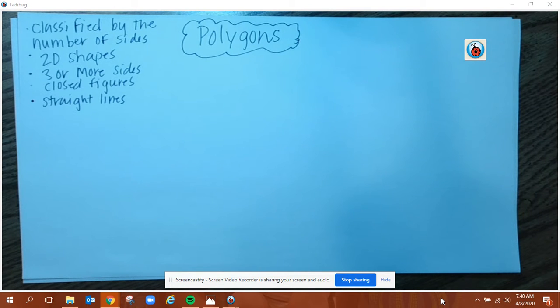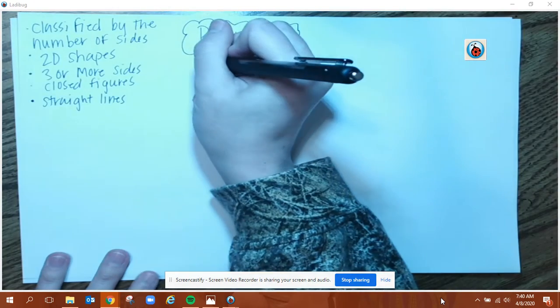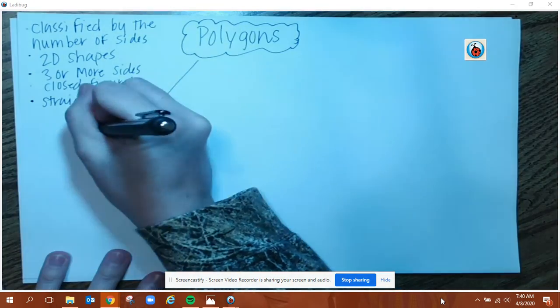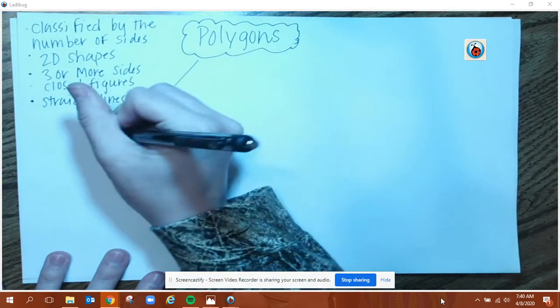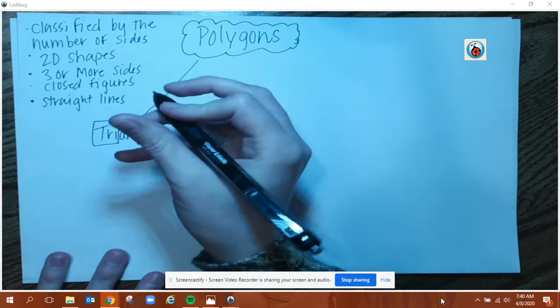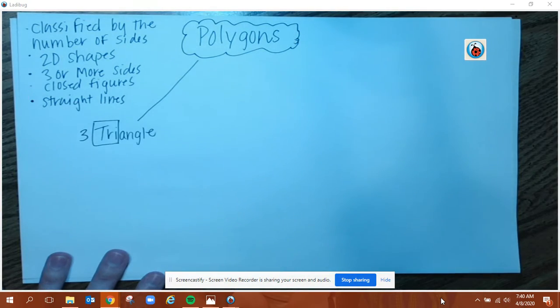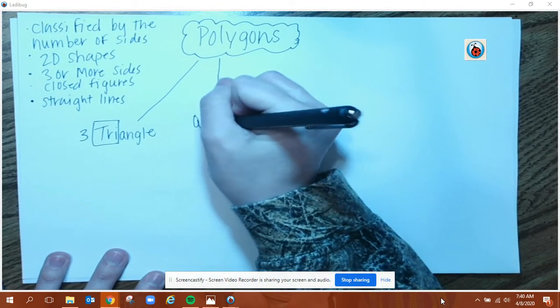Okay, so we have talked about 2 different subsets of polygons the last couple days. One of them that we talked about was triangles, right? And we talked about the prefix tri tells us that there are 3 sides. Okay, the second subset we talked about were quadrilaterals.